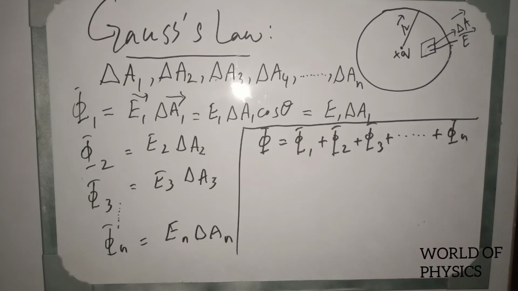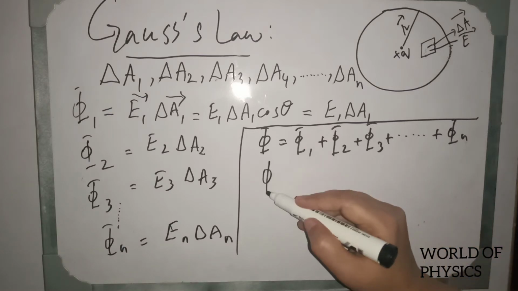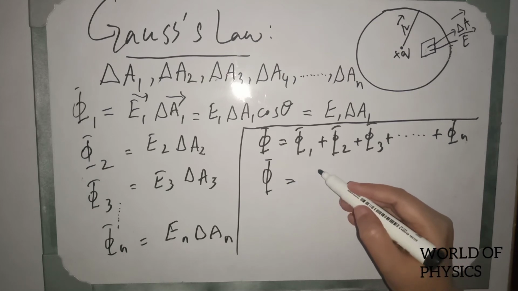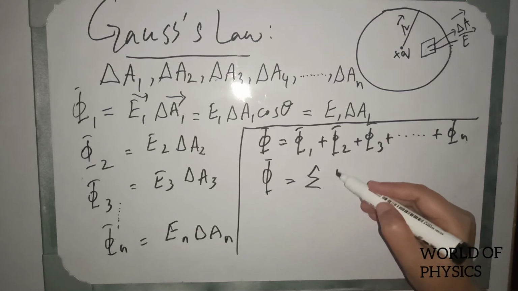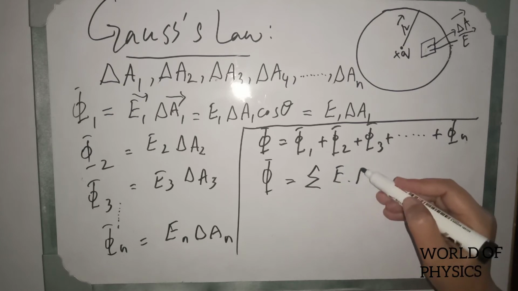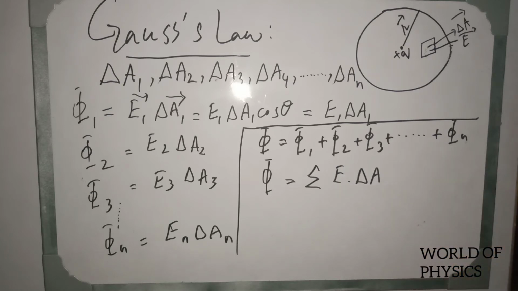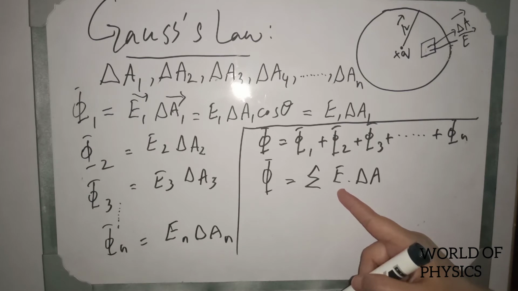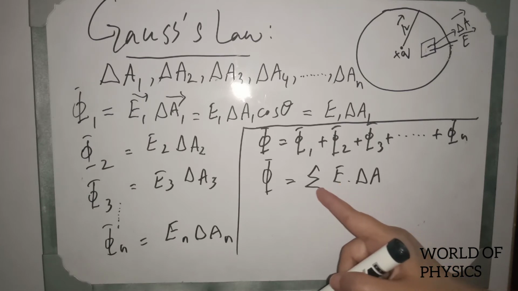When I write down all the values, at the end I will get the result phi is equal to the summation over all the surfaces of E dot delta A. As this E is the electric field intensity and it is constant on the sphere, we take this E out of the summation.